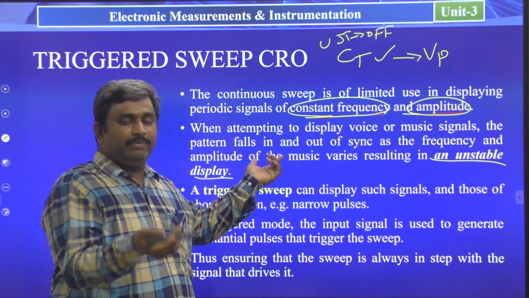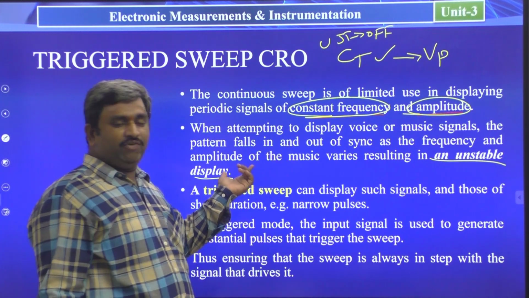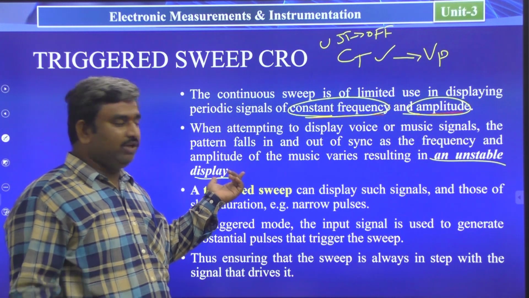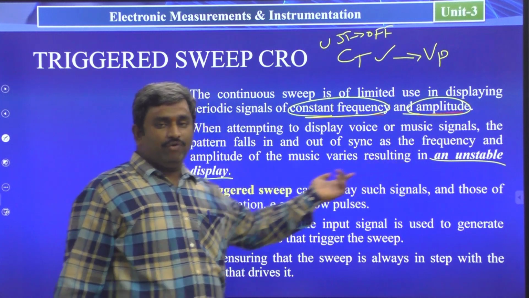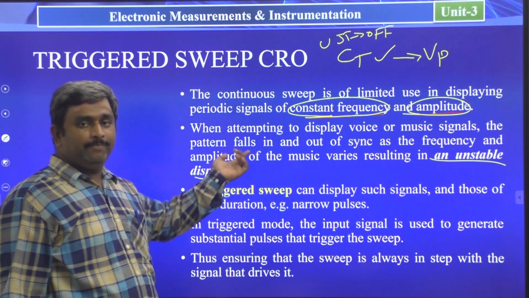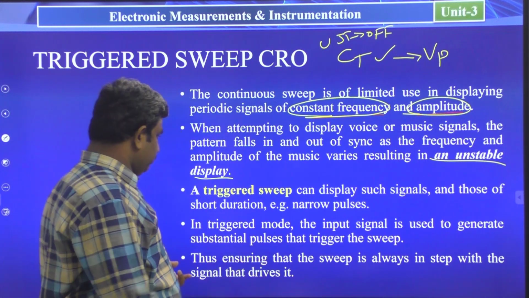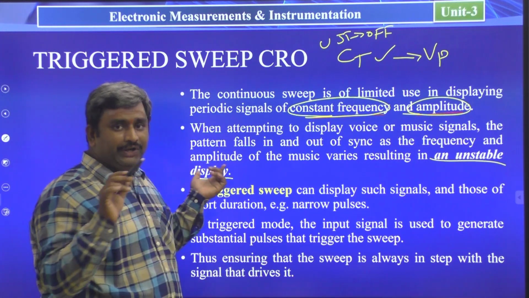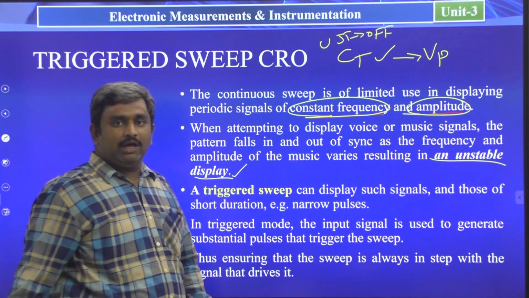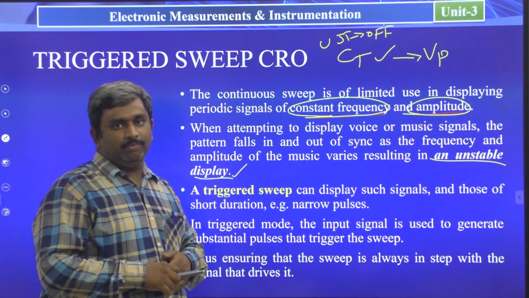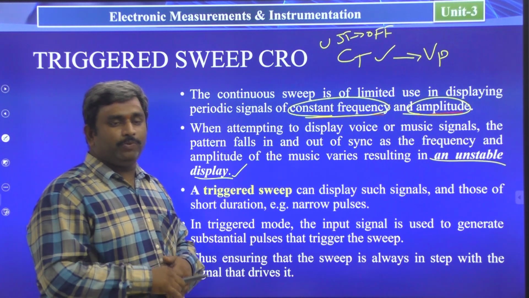Whenever the triggering is there, only then will it display the information. Otherwise, it will display no information on the equipment. This is for untriggered CROs: the output is not stable. When a triggered CRO is used, we can keep the output stable.